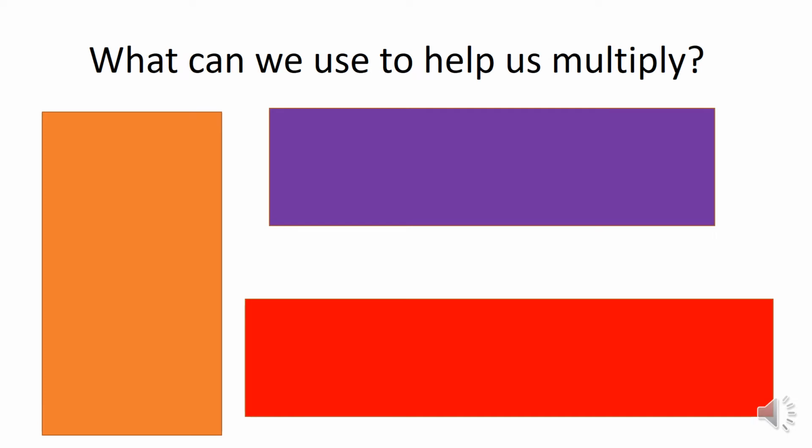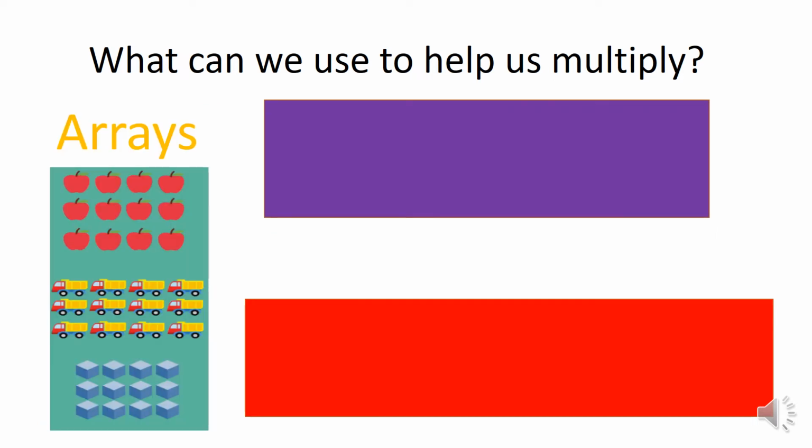Can you remember the special strategies, that means special ways, special methods we can use that will help us multiply? The first one is arrays. This was one of our star words. Now arrays are pictorial representations, which is a fancy word for pictures, to help us describe multiplication.